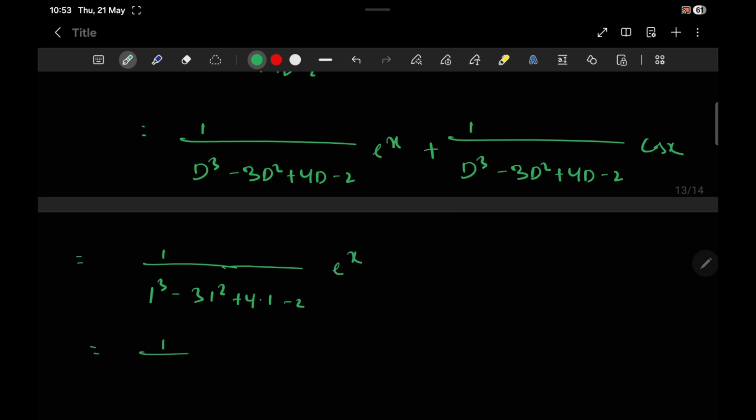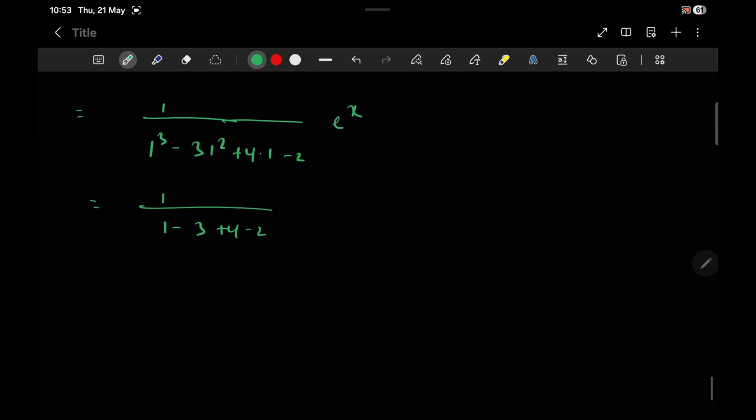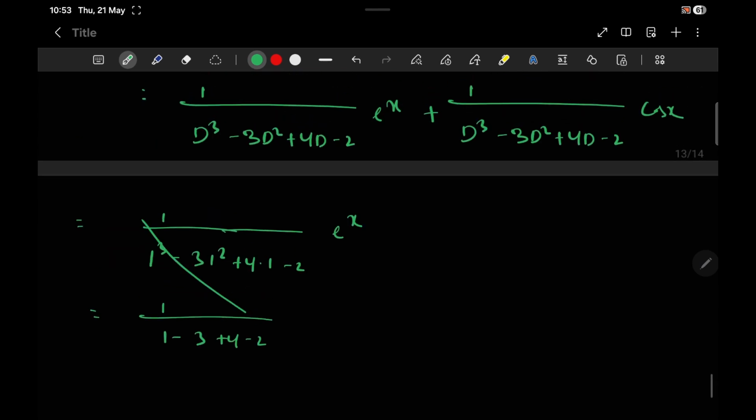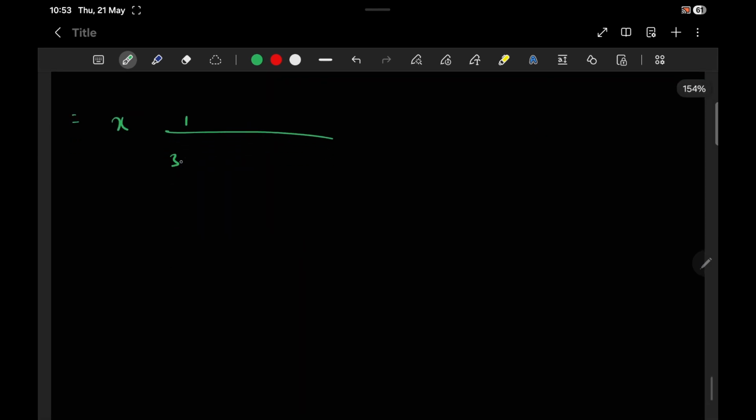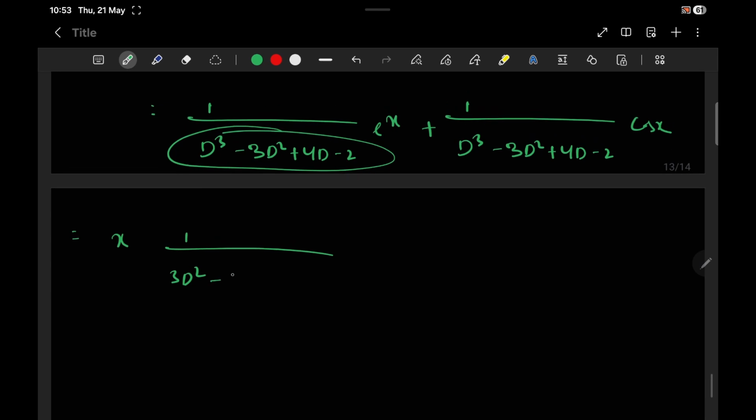So this becomes 1 by 1 minus 3 plus 4 minus 2, that is 4 minus 2 is 2, 2 minus 3 is minus 1, and minus 1 plus 1 is 0. So this cannot be applied, we have to take the derivative first. So this becomes x into 1 by derivative of this, 3d square minus 6d plus 4 and e to the power x, right?